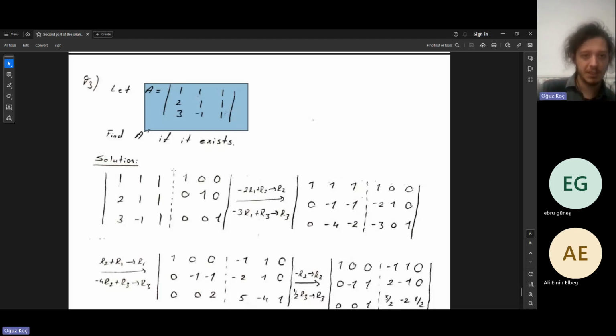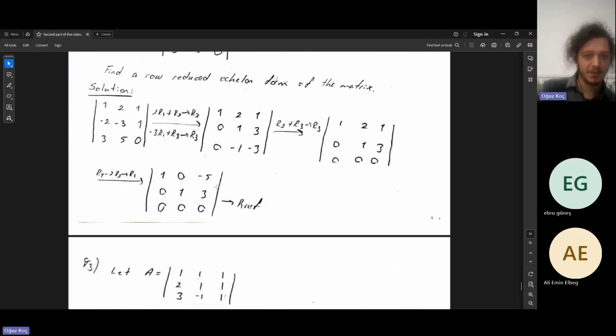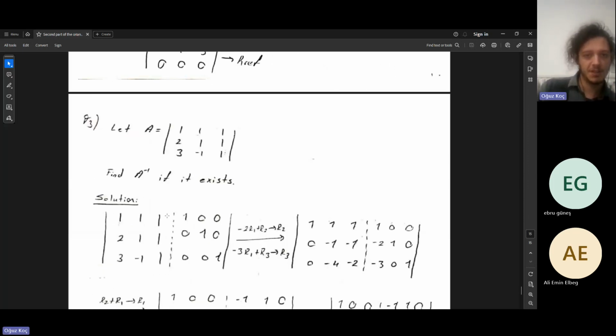In the above examples, we used the matrix operations in order to get the row reduced echelon form, and we use the same operations for making this part equal to this part.